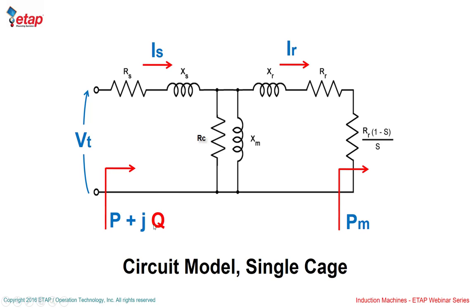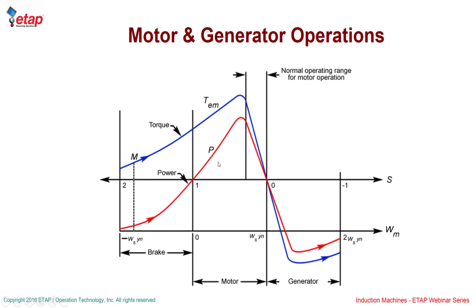So you have real power and reactive power that comes here, and it goes through here as mechanical power to the shaft. And then, of course, what is delivered to the load is minus windage and rotational losses. We're going to see this a lot more later on.